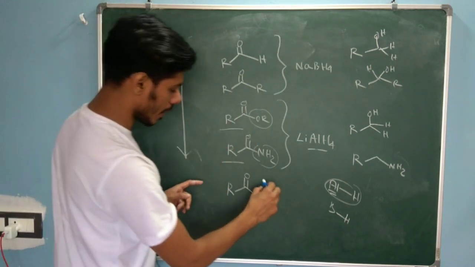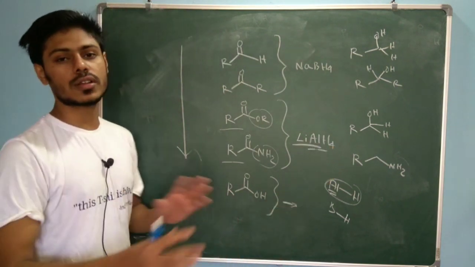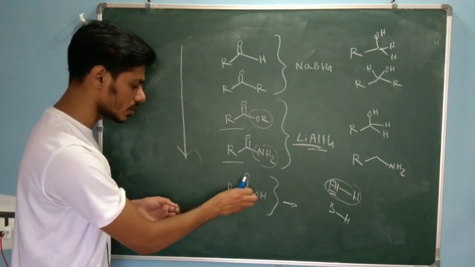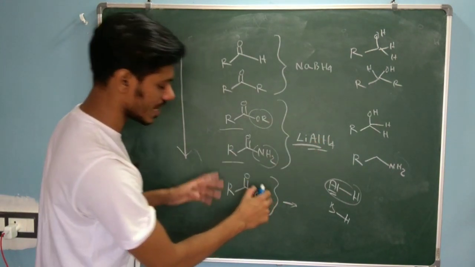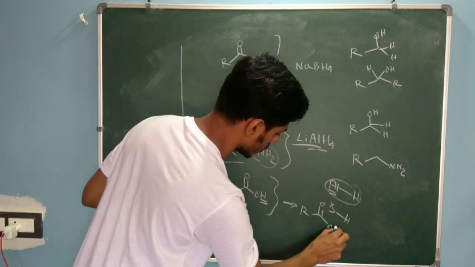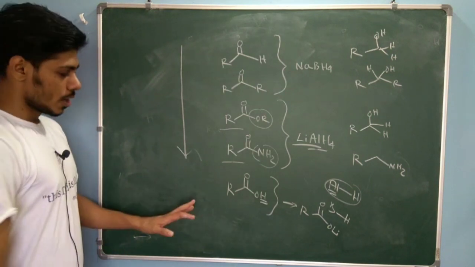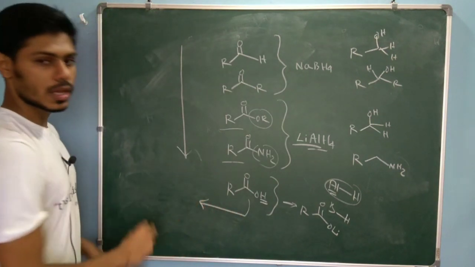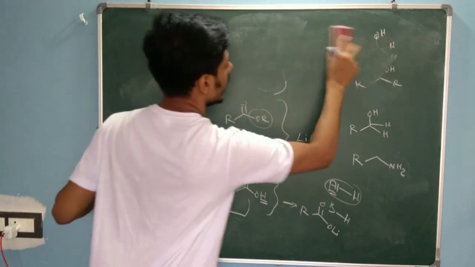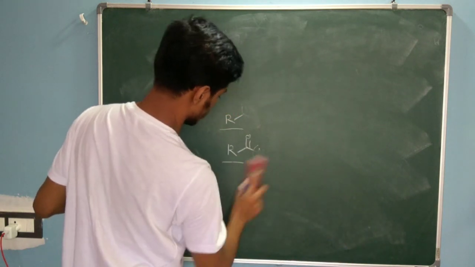But in case of carboxylic acid, if you want to use this lithium aluminum hydride, there also the reaction doesn't occur, because this lithium aluminum hydride, instead of attacking on this carbonyl group, it takes proton from this acidic hydrogen and it makes this lithium salt of carboxylic acid, the lithium acetate, right? So the reaction will stop. So here what we can use, now it is a very interesting reducing agent, and that is the simple boron, diborane we can use in this case.